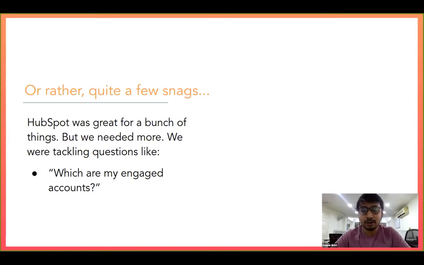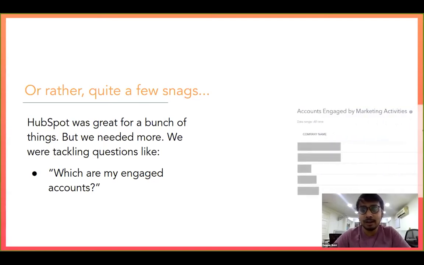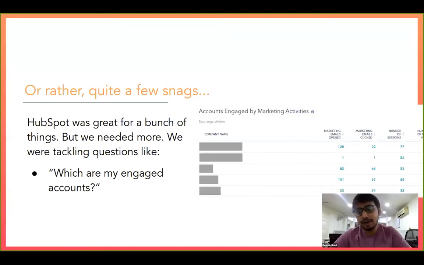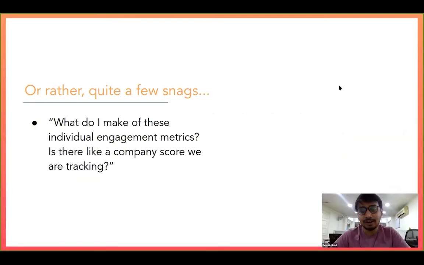All you could create are contact lists. So we had the reporting add-on, and we played around with it and figured out a custom report that could sort company names by the engagement they have done. As soon as we gave them this, they came back with the question that, okay, these metrics are good.